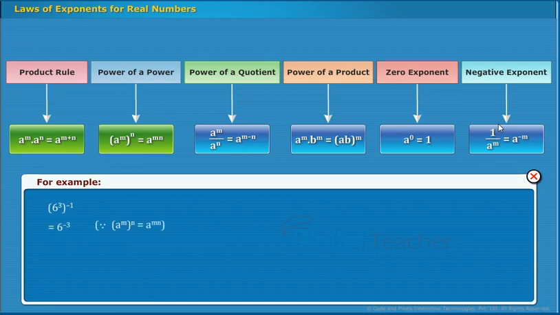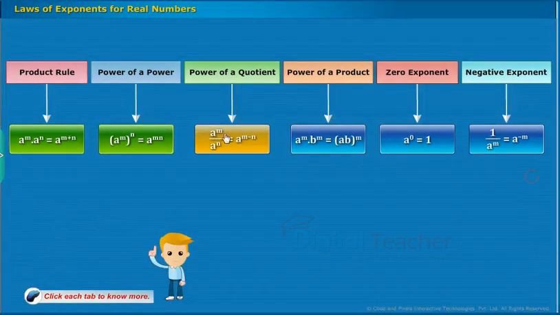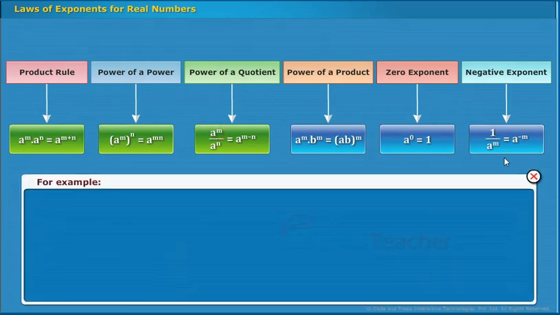It can be written as 1/6^3, which is further equal to 1/216. For example, let us consider 10^(−6)/10^3, which is equal to 10^(−6−3), in turn equal to 10^(−9).